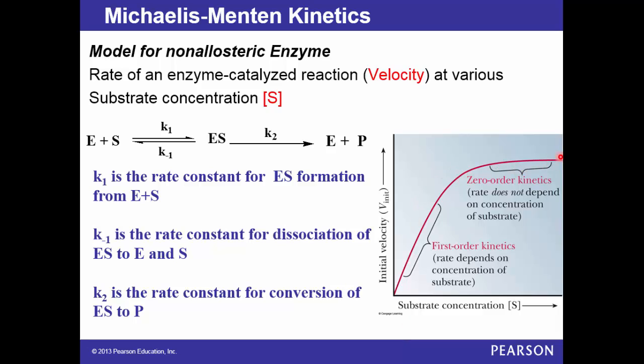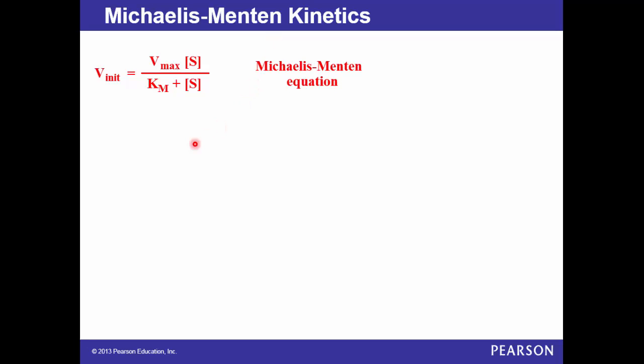But when it levels off, and as we said before, at high substrate concentration, the rate does not change and levels off, and here we have maximum velocity. And here we have zero order kinetics. The rate does not depend on concentration of substrate. This is true for all enzymes that obey the Michaelis-Menten kinetics.